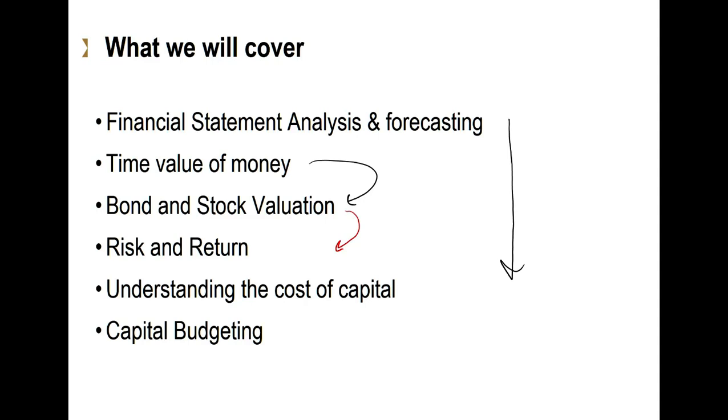How do we measure that risk? How do we measure that return? And with that, we're going to be able to estimate our company's cost of capital, a very critical component that is needed in order to make investment decisions, which is capital budgeting, and in order to do also any valuation related exercise. So that's the plan.